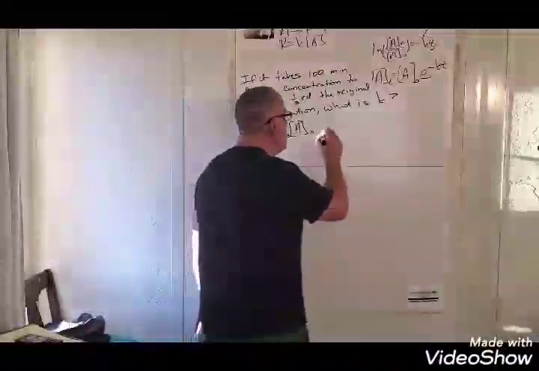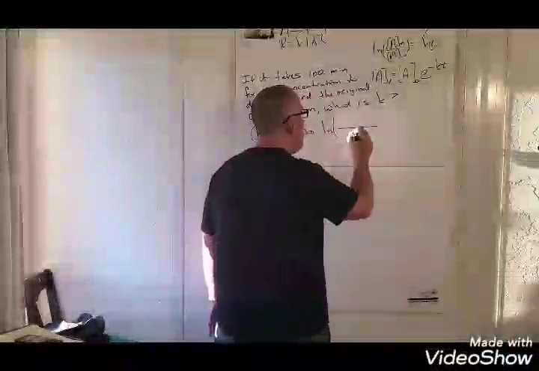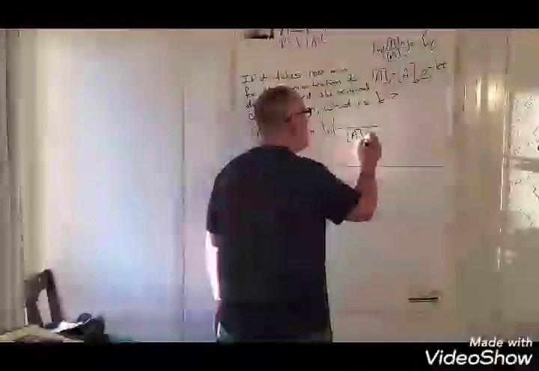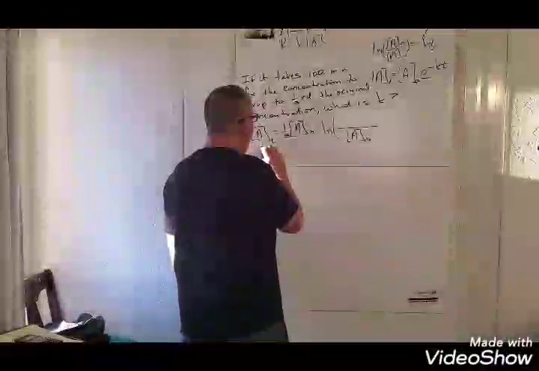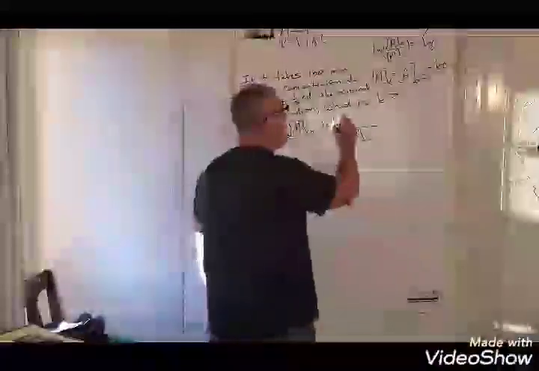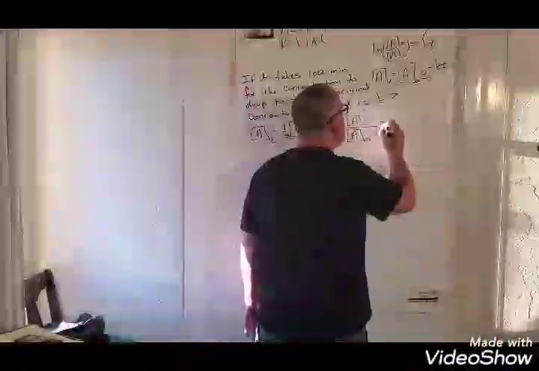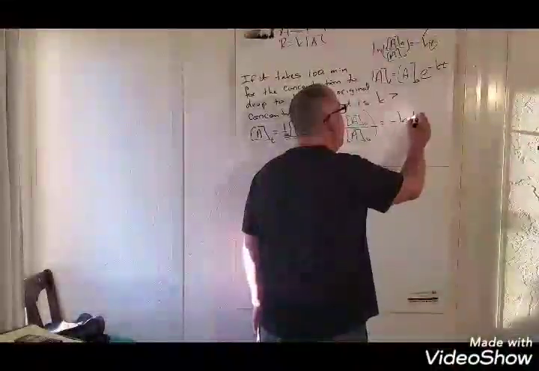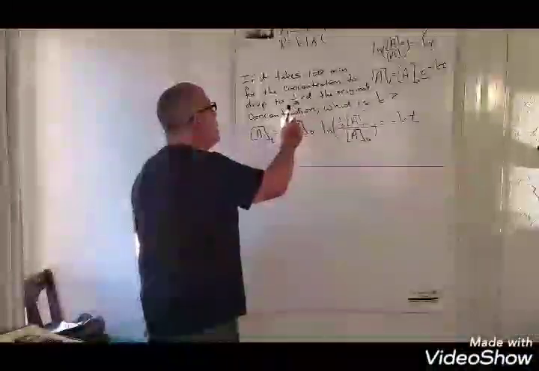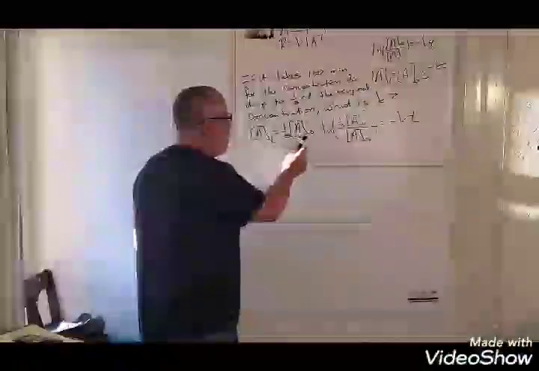So I could write the natural log of A over A naught, that's original, and at the time we're talking about, this is equal to this. So I'll put that in there. 1/3 A naught over A naught. That's equal to minus KT.